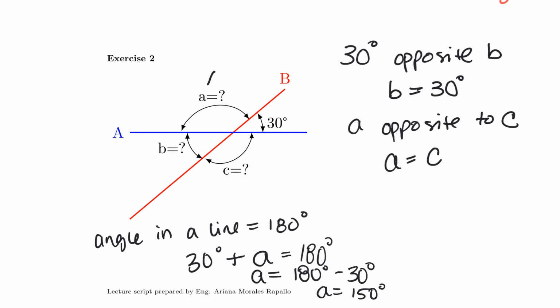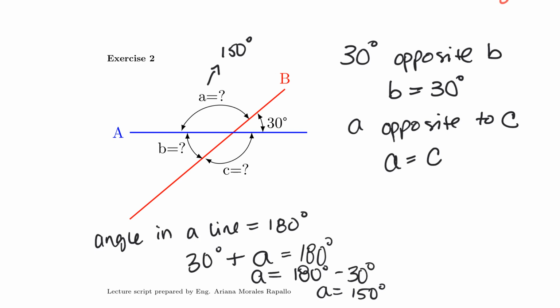So this A is 150 degrees. To recheck, 150 degrees plus 30 degrees will make 180 degrees, which is the angle of a line.